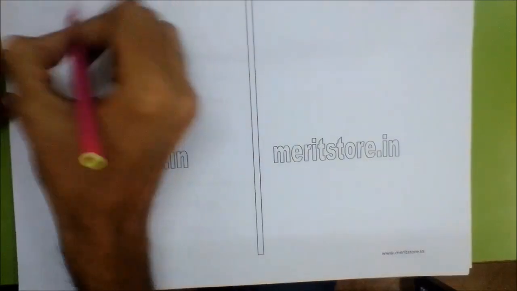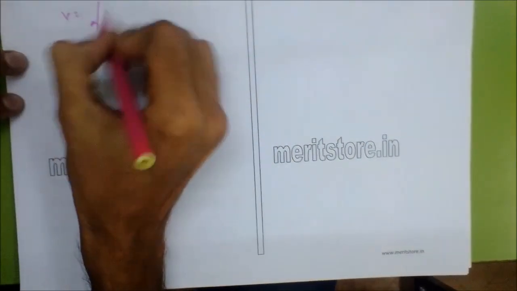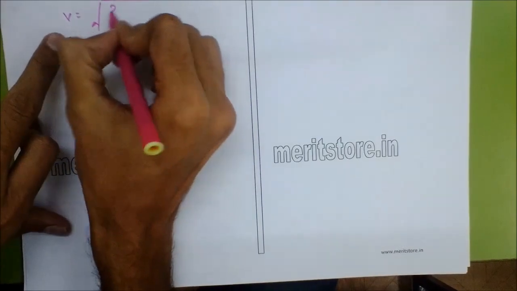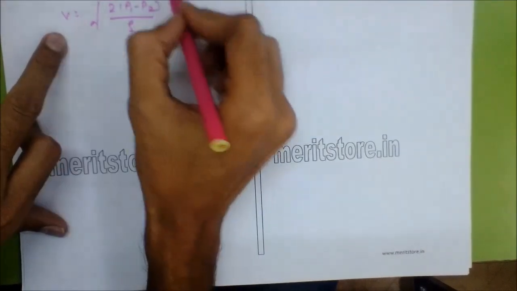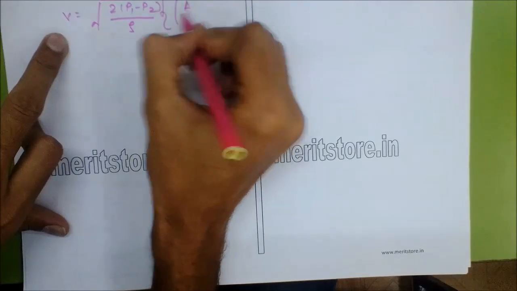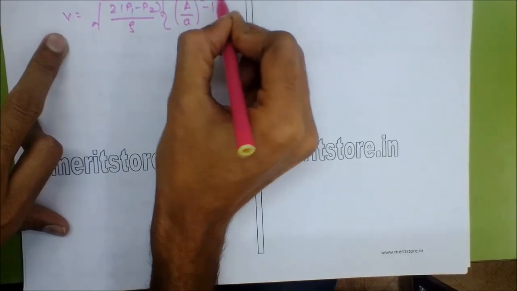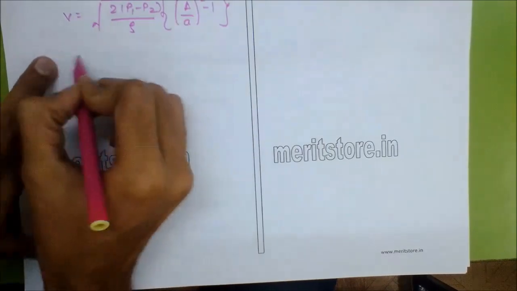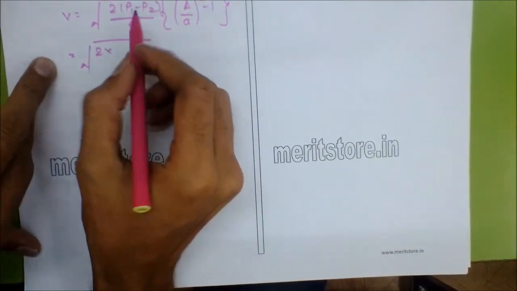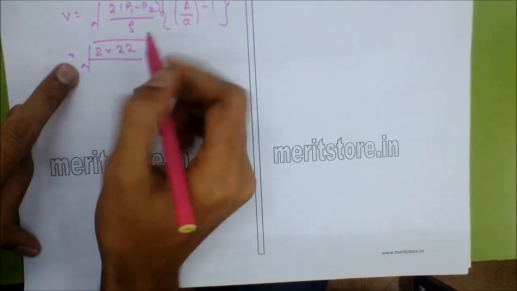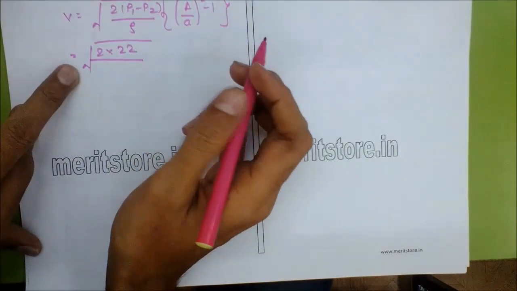So we have now v, which is equal to under root 2(P1 minus P2) upon rho, I'll write the formula, into [(A upon a) the whole square minus 1] raised to minus half. So we have 2, and the pressure difference between them is P1 minus P2, we get this to be 22 pascals.